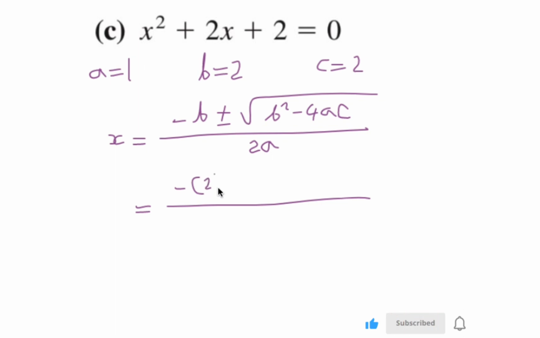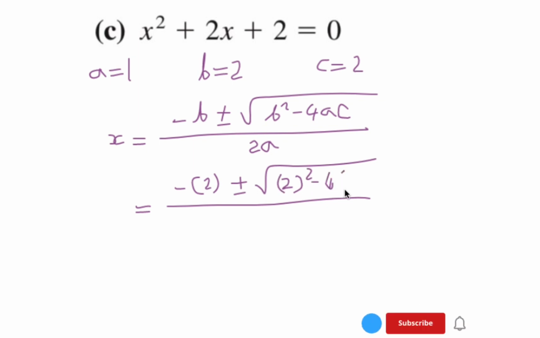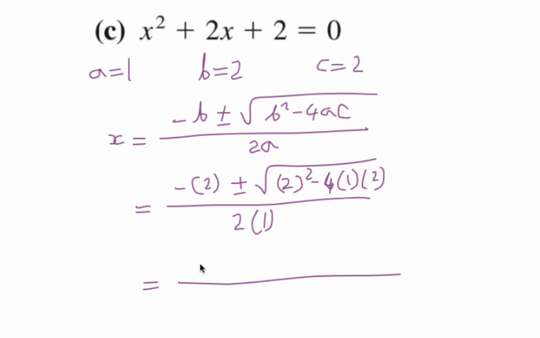Minus 2 plus minus 2 square minus 4, a value 1, c value 2, 2 a value 1. Now minus 2 plus minus 2 square is 4, and 4 times 1 times 2 is 8, upon 2 times 1 is 2.